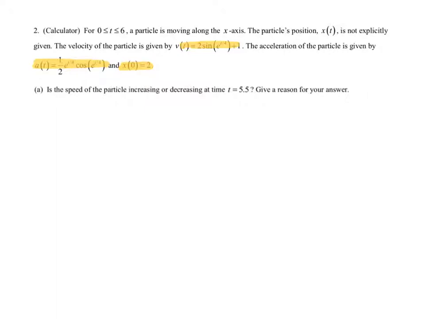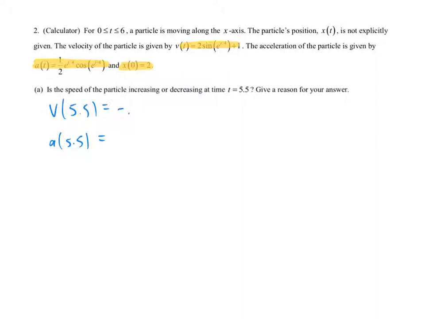So in part A, we want to know, is the speed of the particle increasing or decreasing when time is equal to 5.5? And so in order to do this, we're going to compare the signs of the velocity at 5.5 and the acceleration at 5.5. And if I have my calculator handy, then I can just type this into my calculator using alpha trace y1 of 5.5 and alpha trace y2 of 5.5.